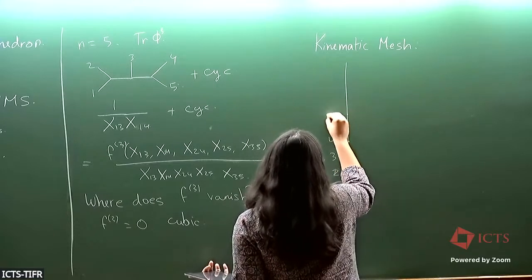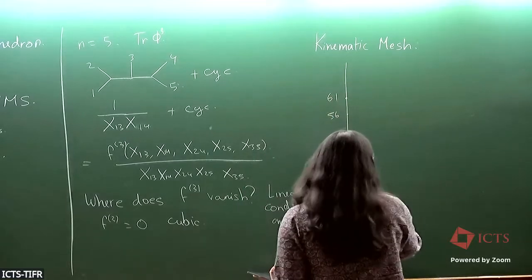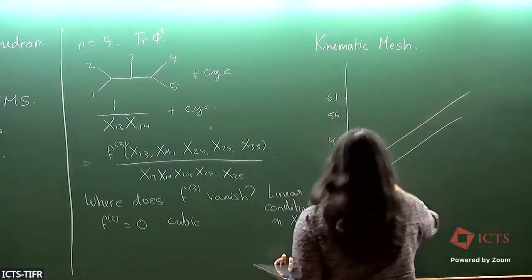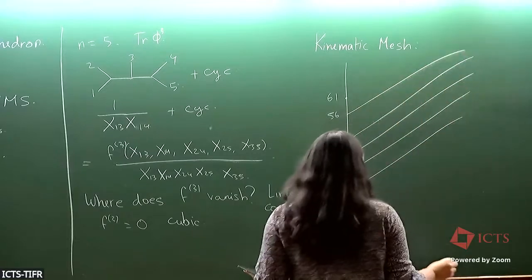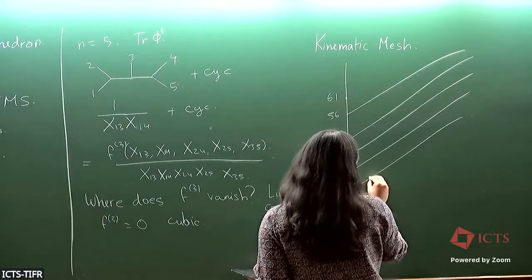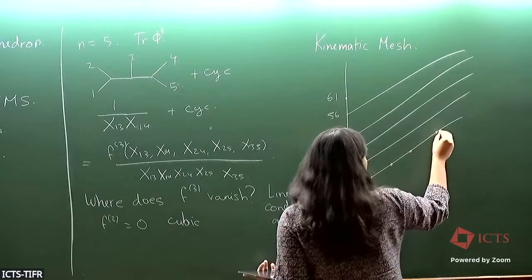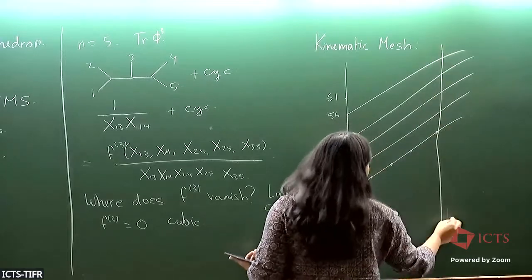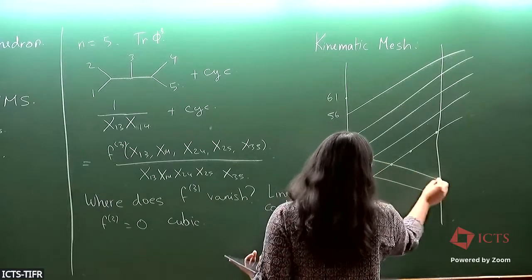Let's do 6. Okay, and then you draw these 45-degree lines. Okay, and then you say 1, 2, 1, 3, 1, 4, 1, 5, 1, 6. Okay, and then you join the lines in this way.